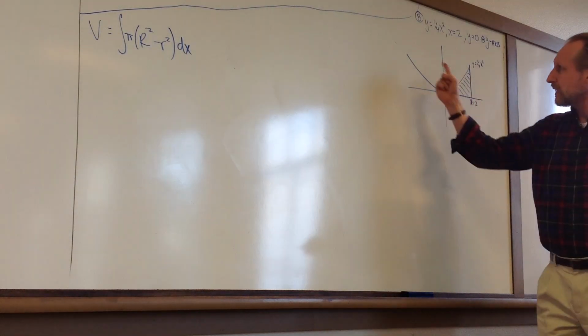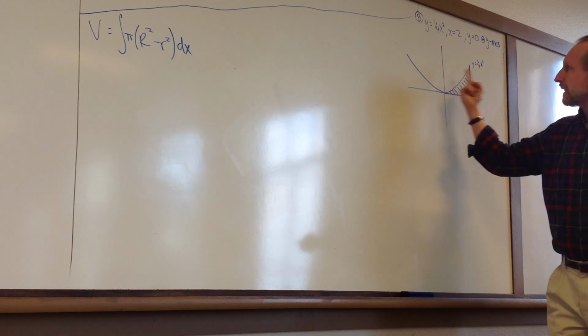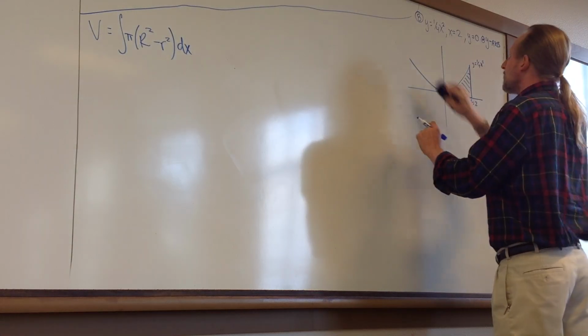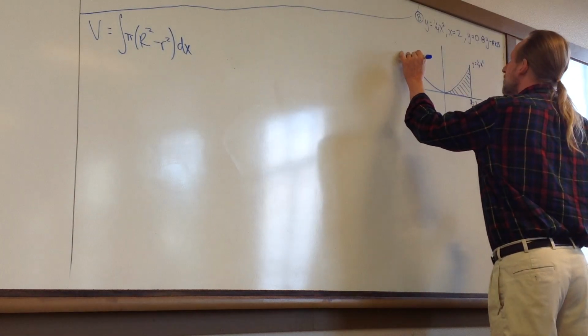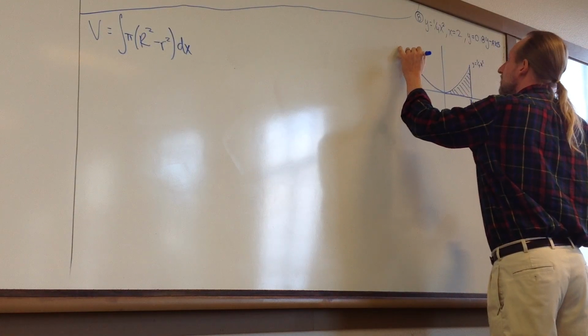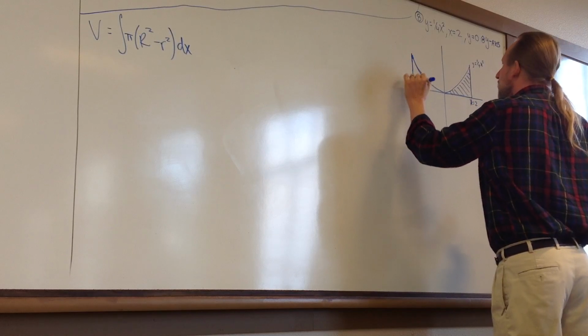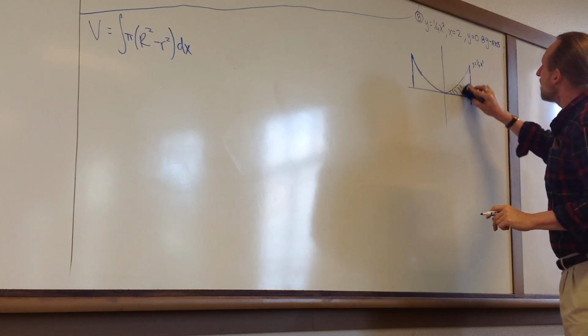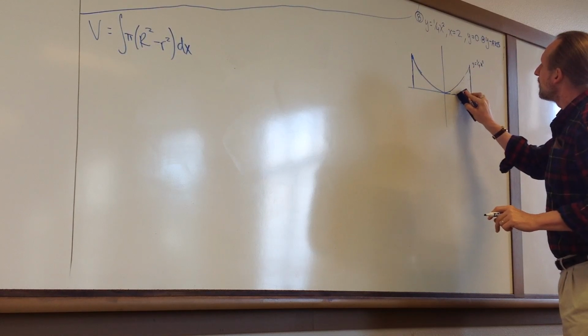So this thing is going to get rotated around the y-axis like this. Let's see, so if we want to draw a 3D version of this, something like this. Again, we want to get a mirror image over here, and then our cross-section will look like that. So let's fill this in.